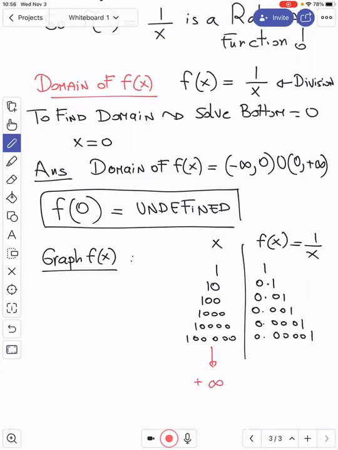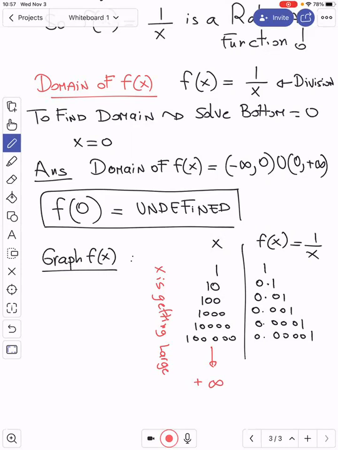X is getting large here, very large. So x is approaching positive infinity, right? You think of positive infinity, again, it's not a number, but you think of it as a very, very large number. So x is getting large, so it's approaching positive infinity.